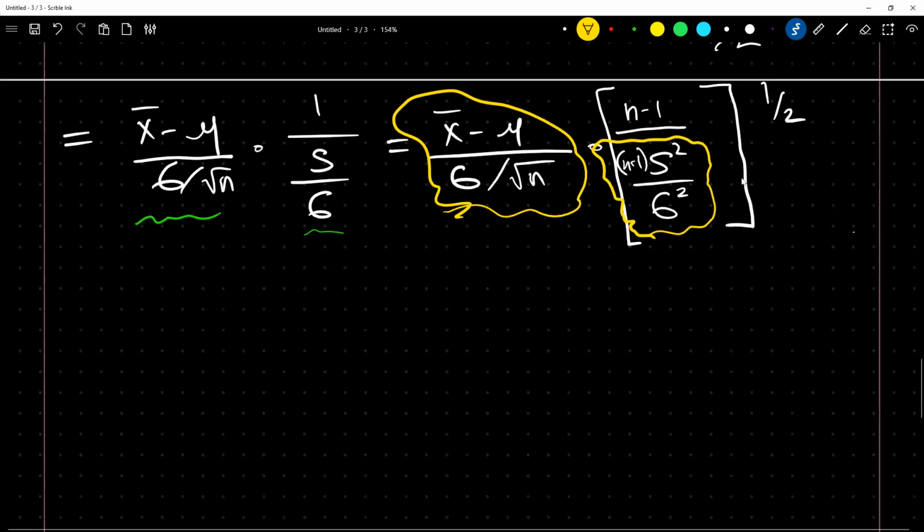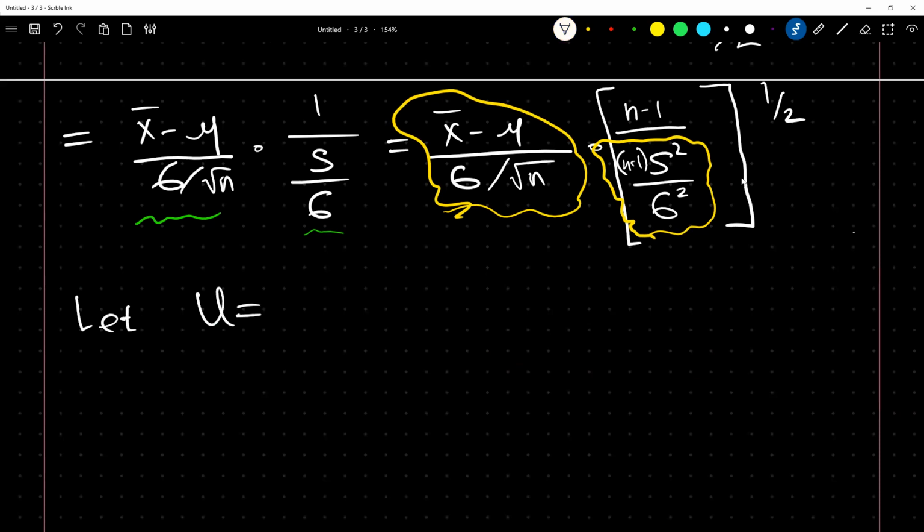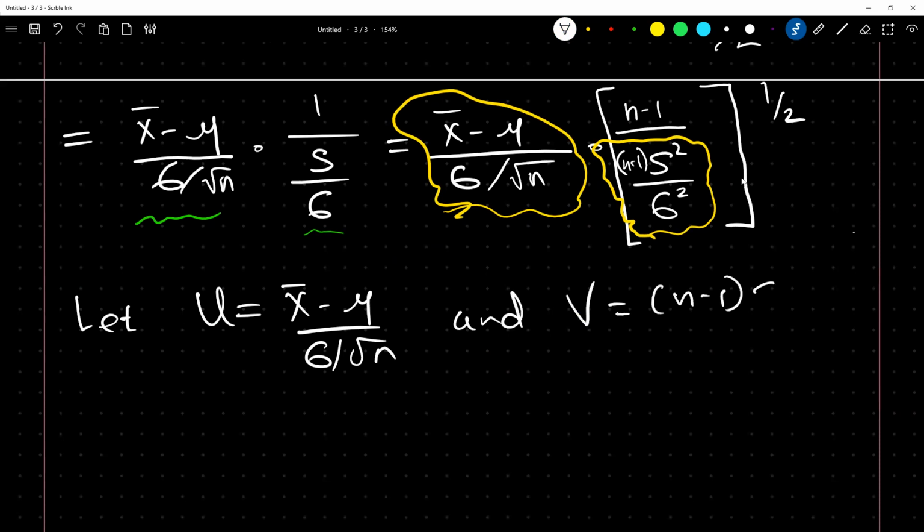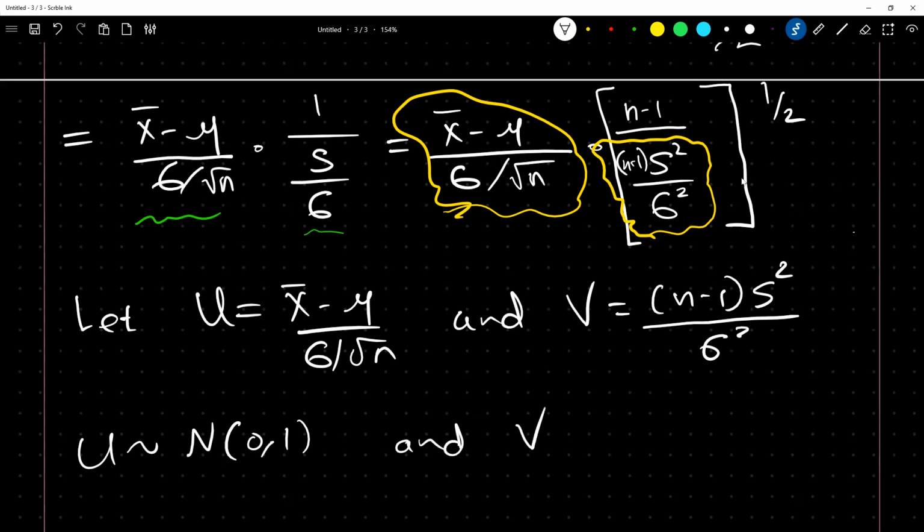So in other words, I'm going to let u equal this x bar minus mu over sigma, and I'm going to let v be equal to this term, n minus 1 times s squared divided by sigma squared. And then what do we know about this? We know that u is a random variable that follows a standard normal distribution, and v is a random variable that follows a chi-squared distribution with n minus 1 degrees of freedom.